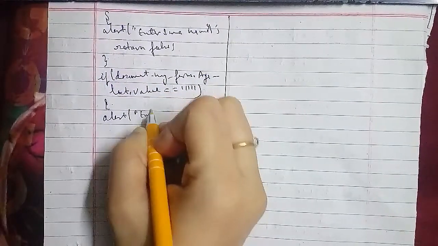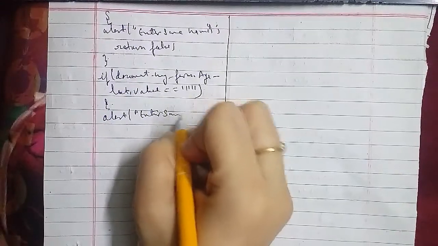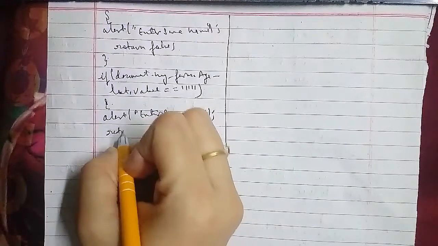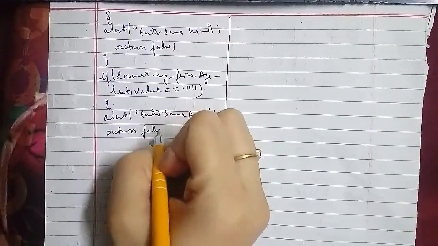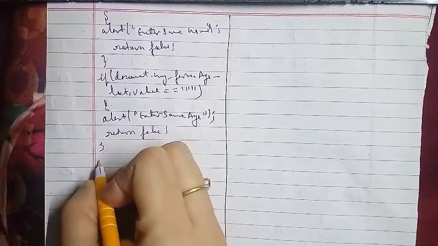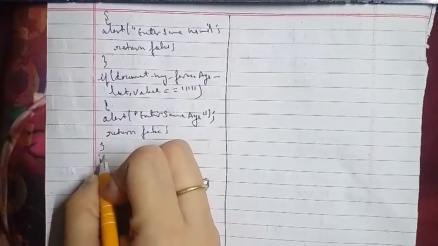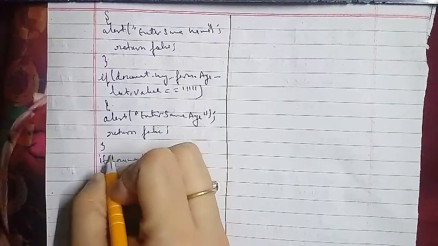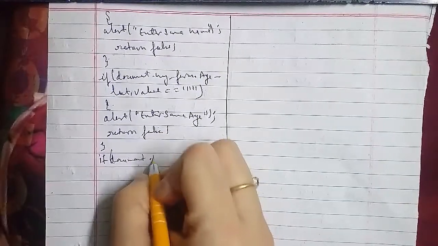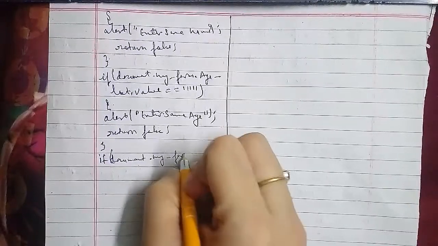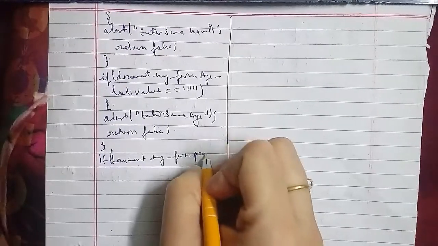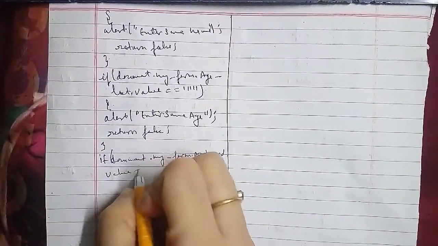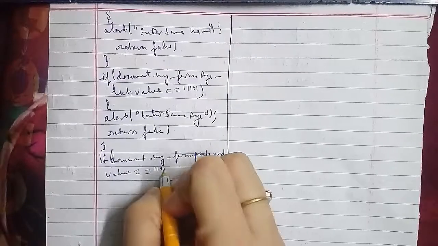Then if document dot myform dot password dot value dot length is less than 6, then start another curly bracket, that is alert, invalid length of password, then return false.